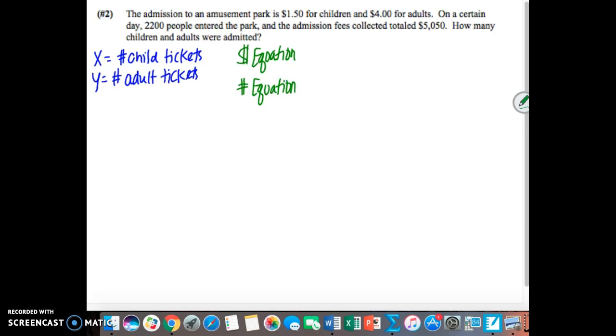So the dollar equation, if we know it's $1.50 for child tickets and $4 for adult tickets, and that totaled to $5,050, our first equation is 1.5x plus 4y equals 5,050. The equation for the number of people, we just add children plus adults, we get a total of 2,200 people.